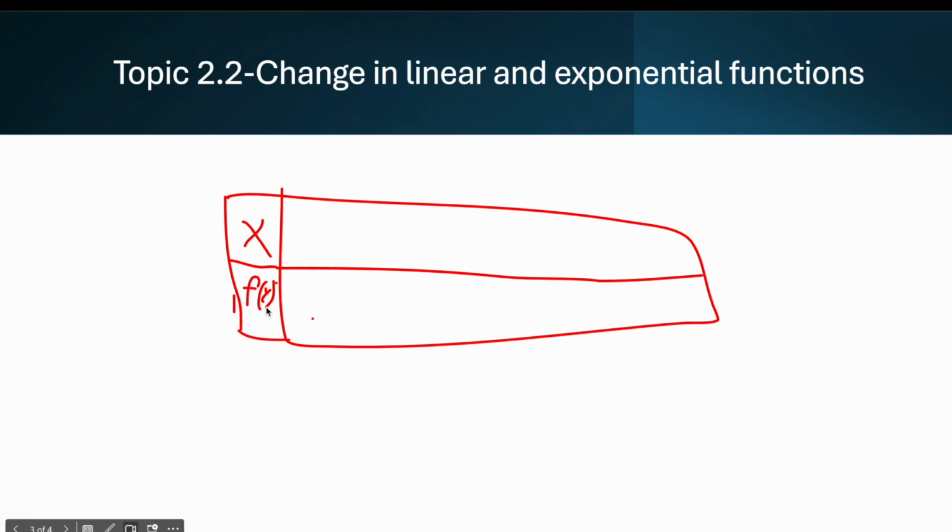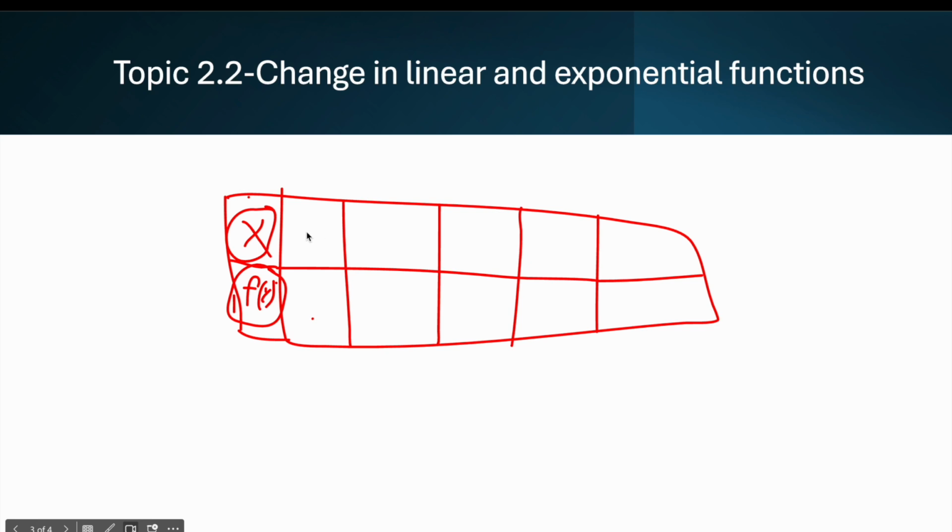Technically, what we're saying is that for a function to be considered linear, over equal length input values, the output value must be increasing at a constant rate. I'm going to show you after I've created this table.